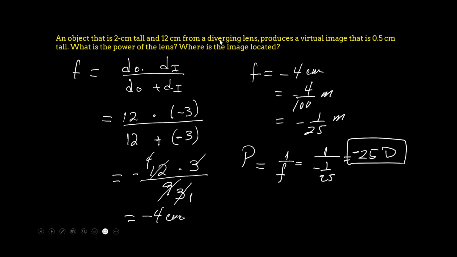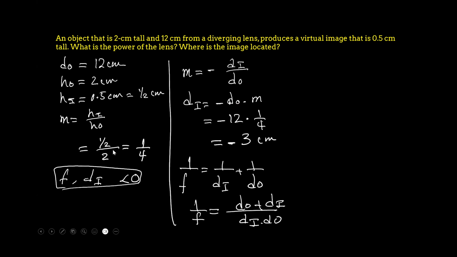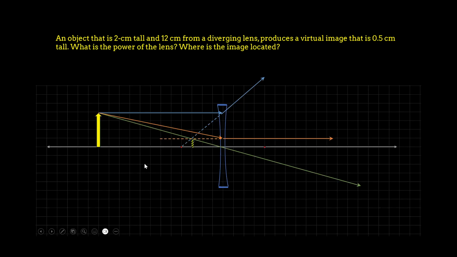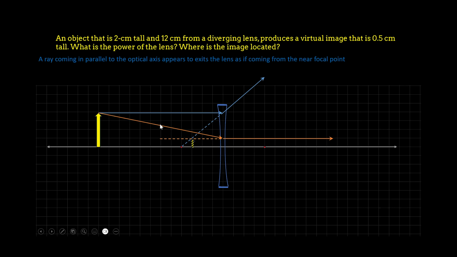So let's go ahead and see. The magnification told us it's a quarter, and distance to image is -3 with a 12 distance to object. So here we go. If each of those is 3 units, so 1, 2, 3. First of all, let's get the focal length. It's 4 to the, this is right here. And then the object is at 12 units. So again, a ray parallel diverges as if it's coming from the near focal point.